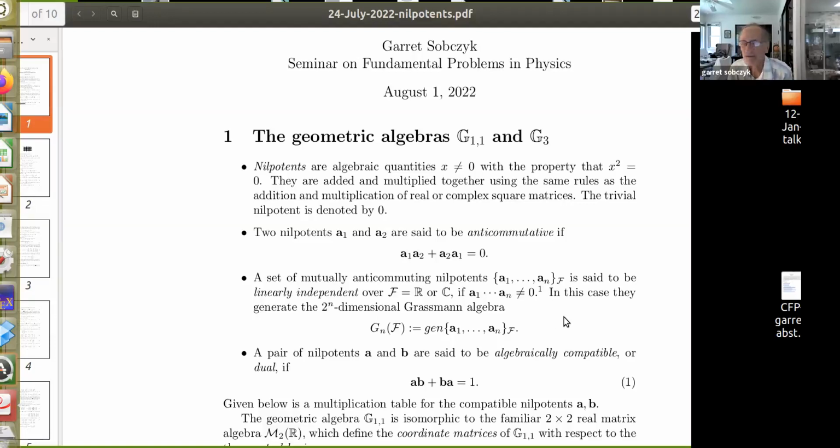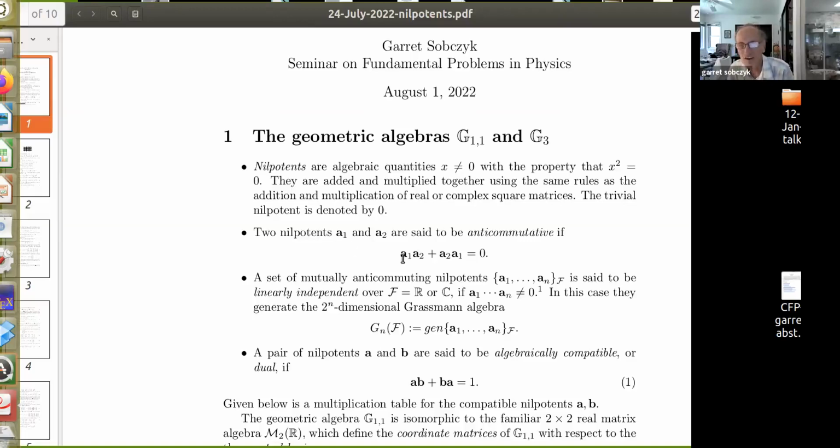Normally, elements of a Grassmann algebra aren't called nilpotents, but of course they are. You define the wedge product, but I'm not using the wedge product. I'm just using the product of these nilpotents because it is a Grassmann algebra. Of course, the dot product would be equal to 0, but I'm just saying that a nilpotent has square equal to 0.